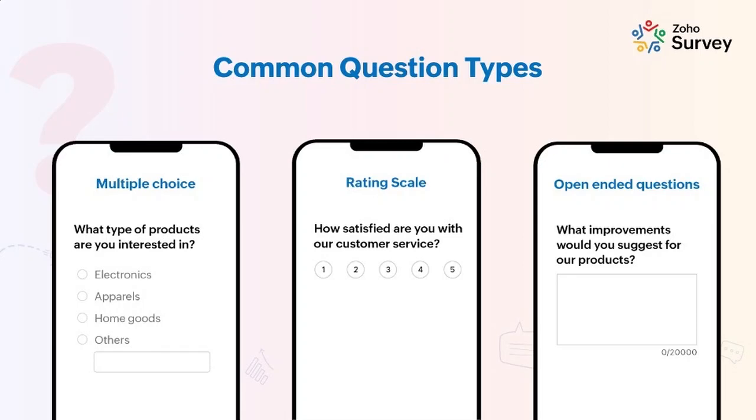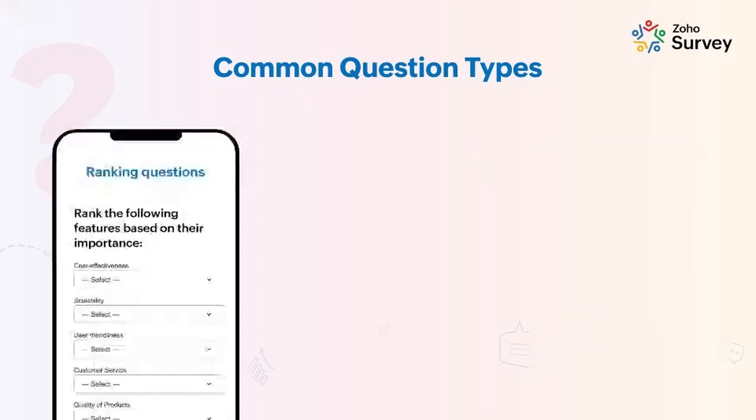We then have ranking questions. They are particularly useful for prioritizing certain aspects you would like to assess. For instance, let's take business strategies. You might ask business clients to rank the importance of various service features. This helps you understand what aspects of your service or product are most valued.